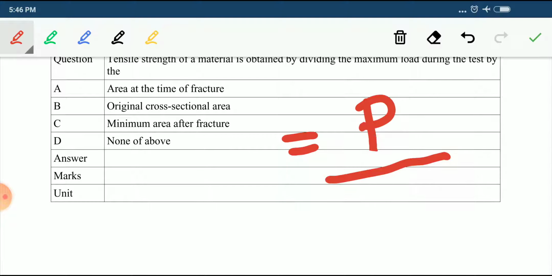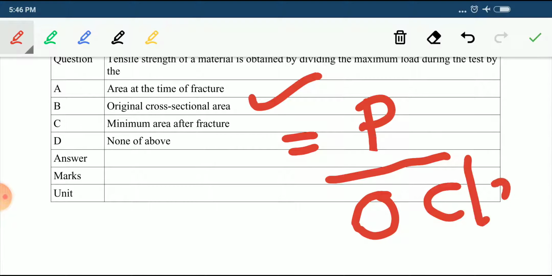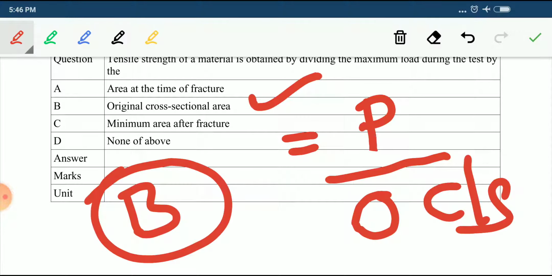Area at the time of fracture? No. Original cross sectional area, minimum area after the fracture, none of them. Okay, this is the answer I think. The tensile strength will be obtained by maximum load divided by original cross sectional area. That is answer B is the correct answer for this question.